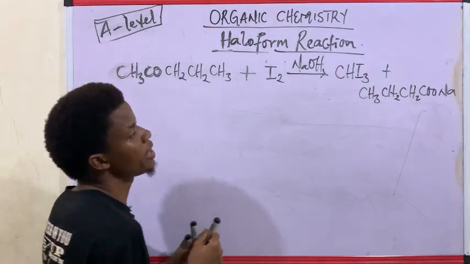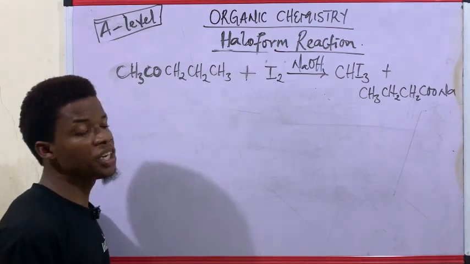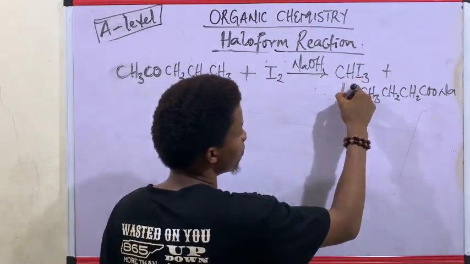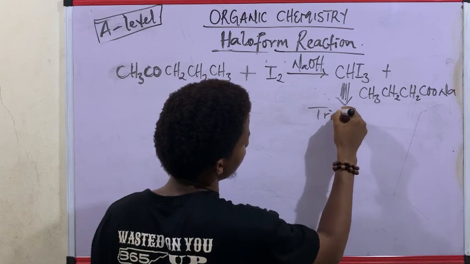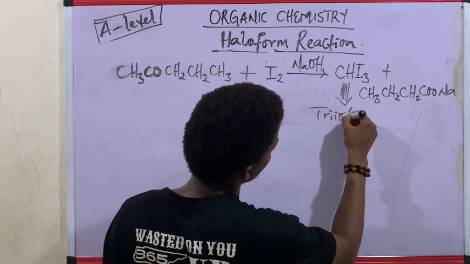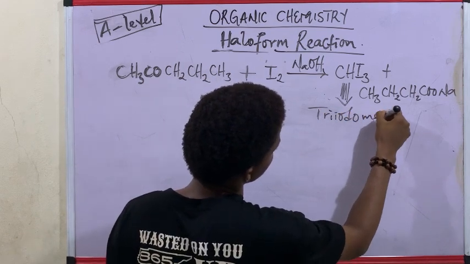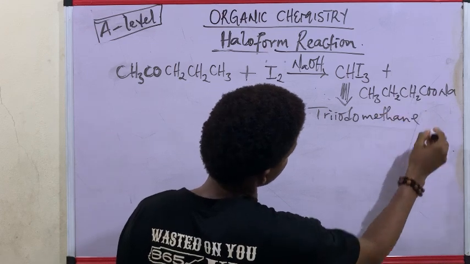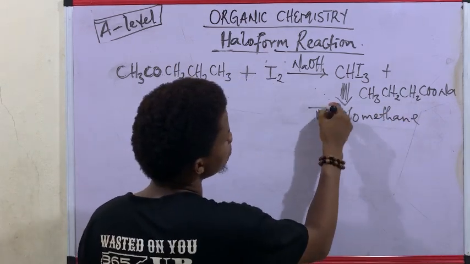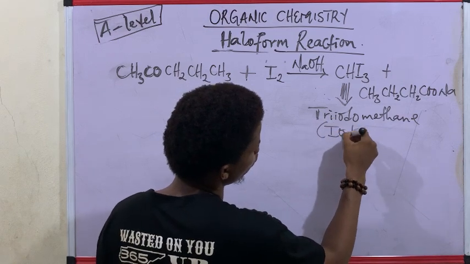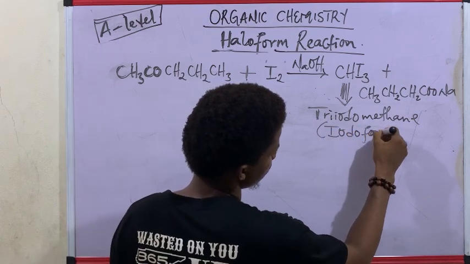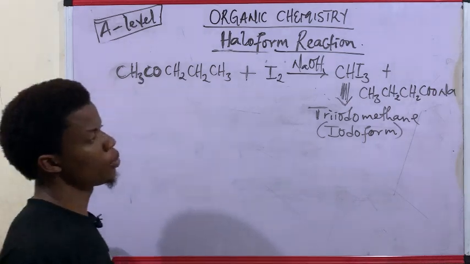The IUPAC name of iodoform is triiodomethane.